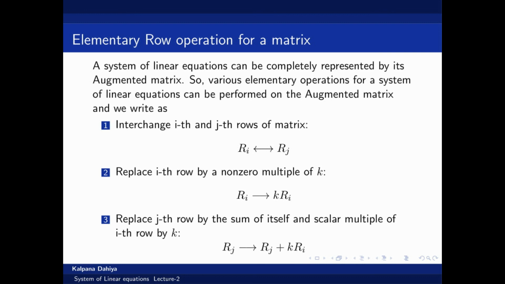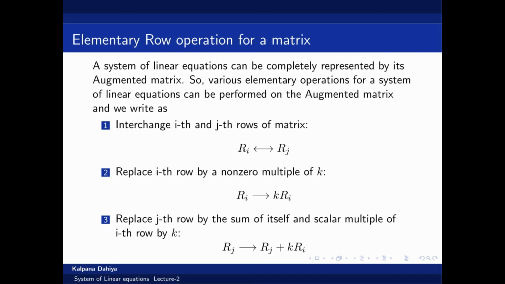A system of linear equations can be completely represented by its augmented matrix. So the various elementary operations which we perform on the system of linear equations can now be performed on its augmented matrix. So now I'm just rewriting those operations in the form of matrix and its rows. Suppose we interchange ith and jth rows of a matrix, then we represent it as Ri <-> Rj.